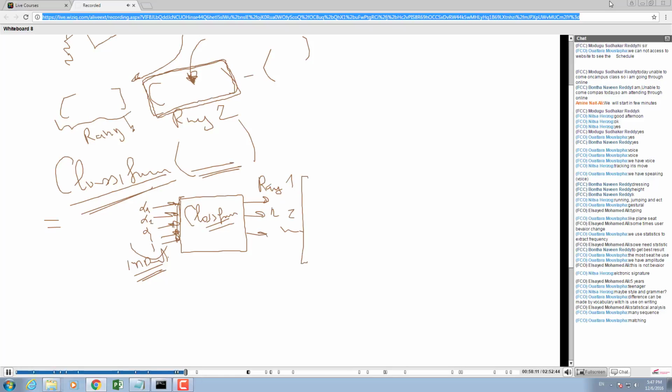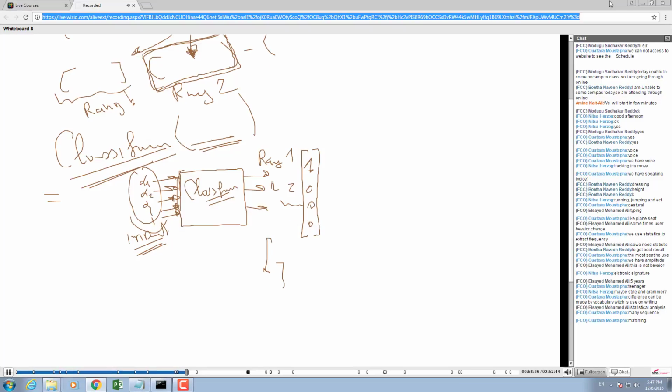So if, for example, these features are classified as age range 1, can you tell me what the output vector will be? 1, 0, 0, 0. It may be something like this. If you change the parameters, the classifier should find in which range it should be.